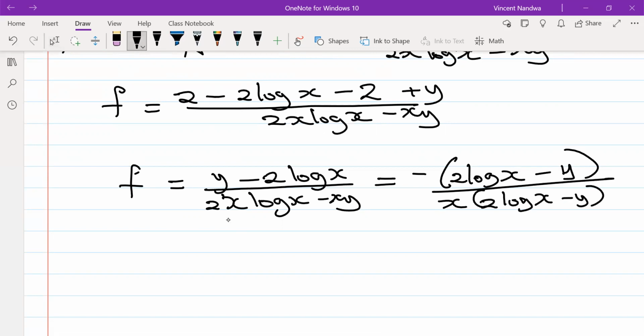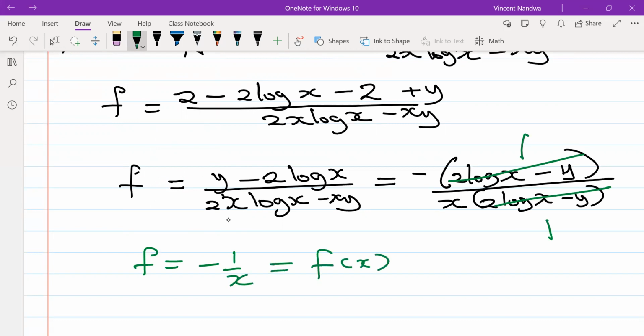And we find that this bracket and this bracket are equal, and so they cancel each other. So f becomes minus 1 over x, which is just a function of x.